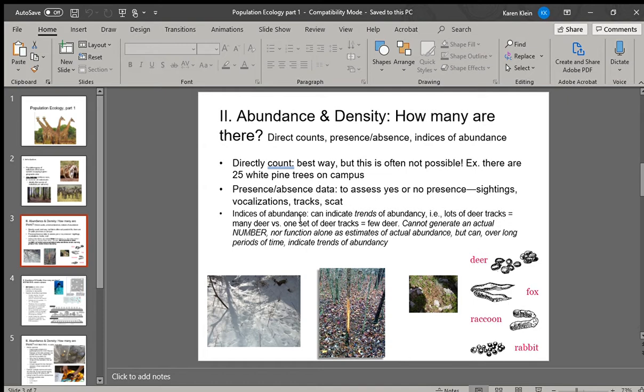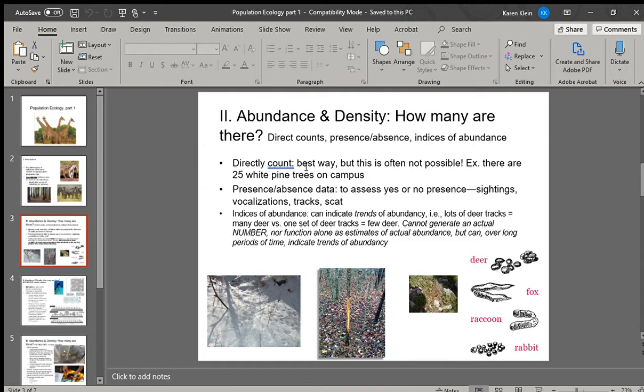Now, going up here, of course, as a population ecologist, it's best to know the exact number. It is very rare that an ecologist knows the exact number, unless it's a limited study, like the example here. I honestly don't know how many white pine trees are on campus. It's just an example.